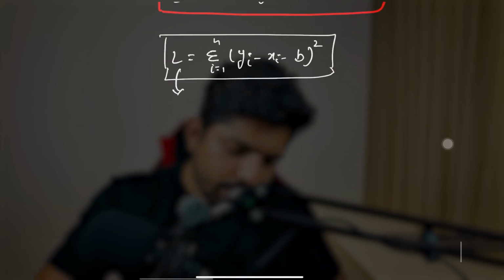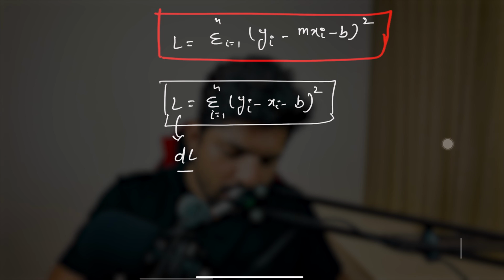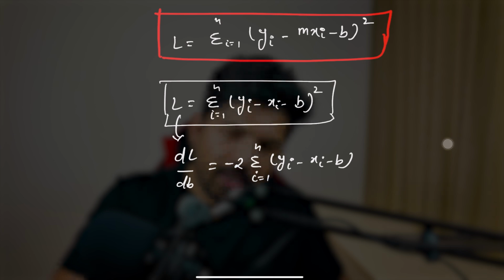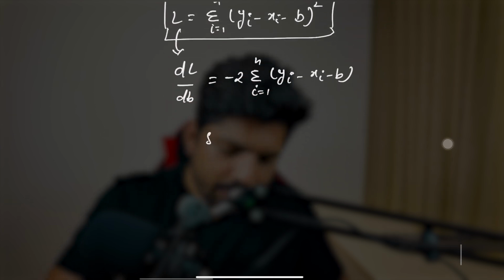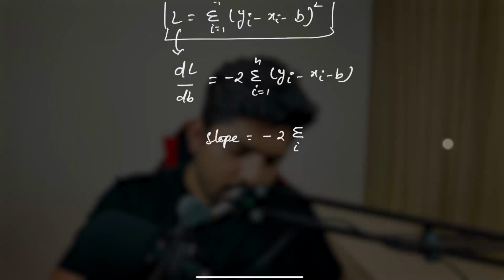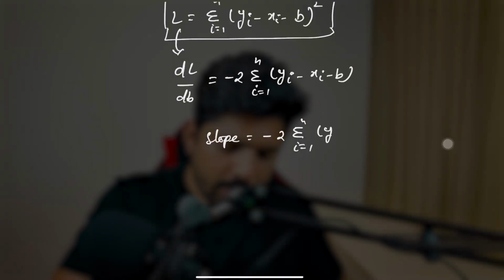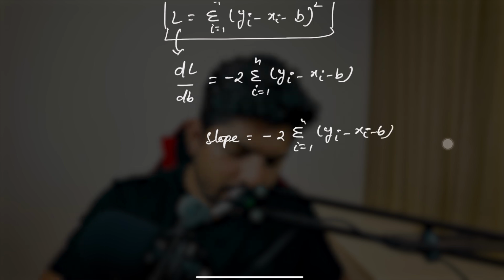So it will become dL over db equals minus 2, and I have shown you this in the previous video also, times (yi minus xi minus b). So we can say the equation of the slope is minus 2 sigma over i of (yi minus xi minus b), correct?